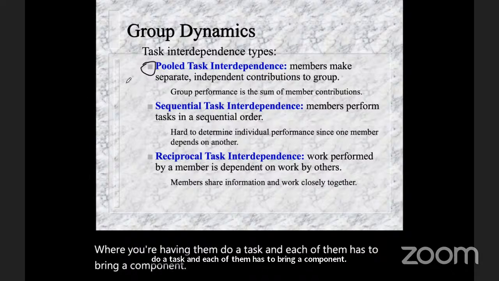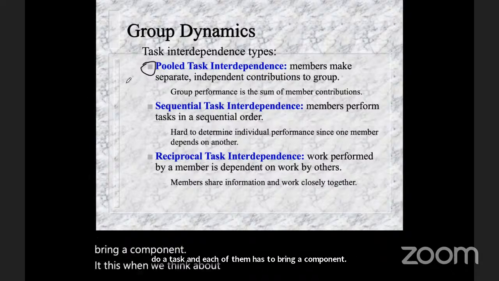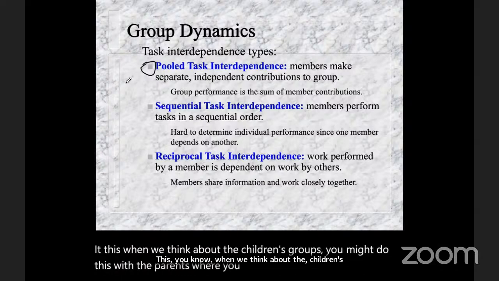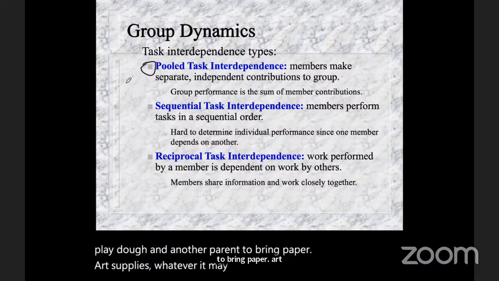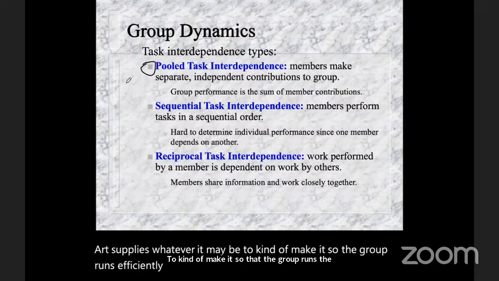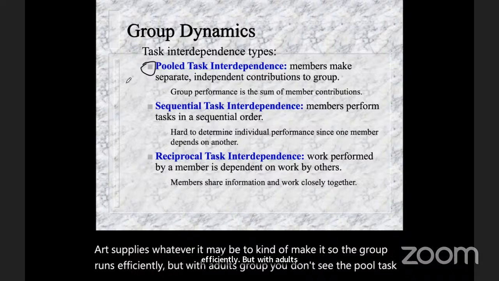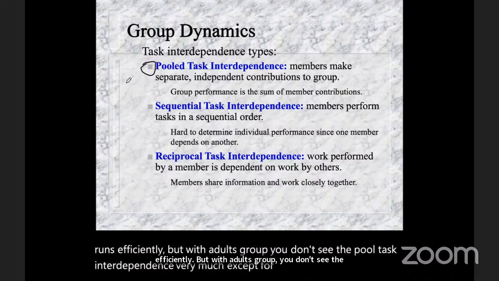When we think about children's groups, you might do this with the parents, where you ask one parent to bring Play-Doh next time and another parent to bring paper, art supplies, whatever it may be, to make it so that the group runs efficiently. But with adult groups, you don't see pooled task interdependence very much, except for maybe a few psychosocial groups.